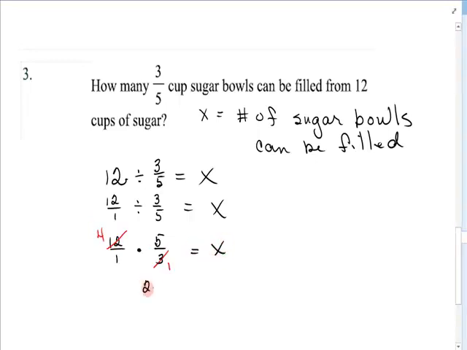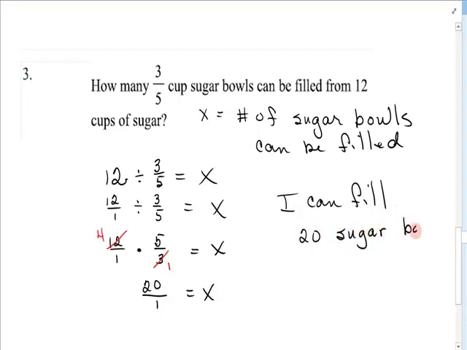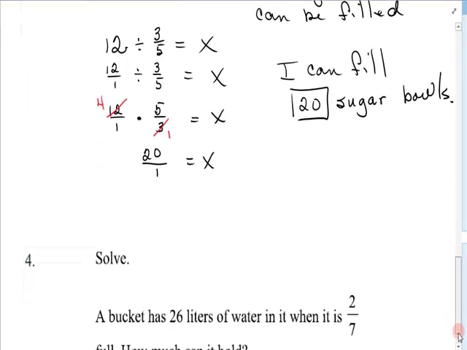Multiply the tops for 20, multiply the bottoms for 1. I know I'm going to say that I can fill 20 sugar bowls. So we're wanting to know how many of these we can get out of the 12, how many groups we can get out, and that is division.